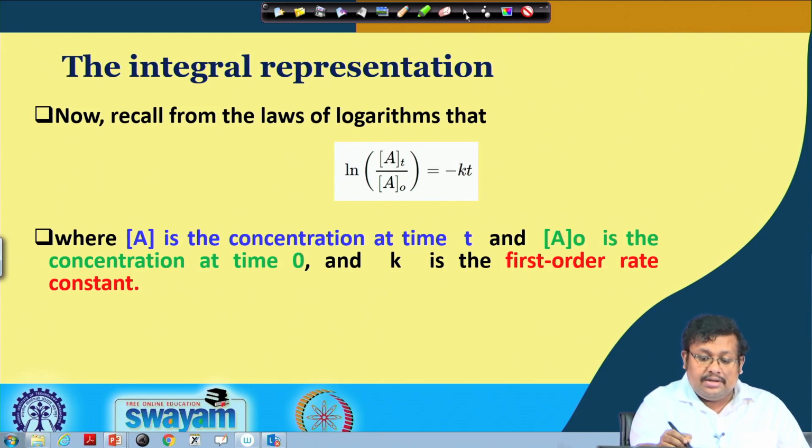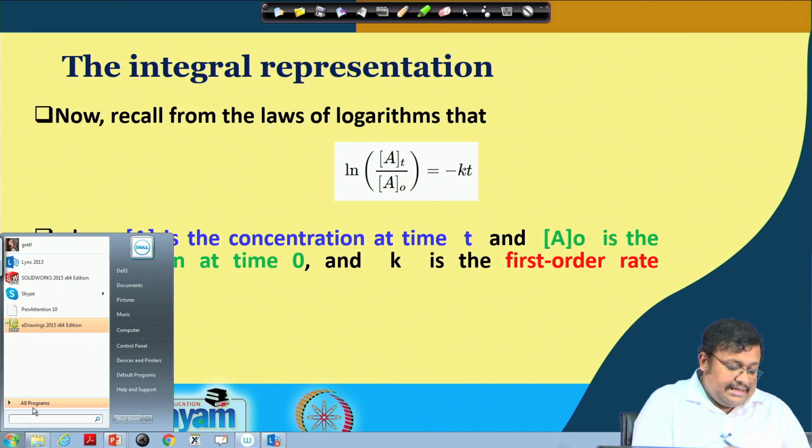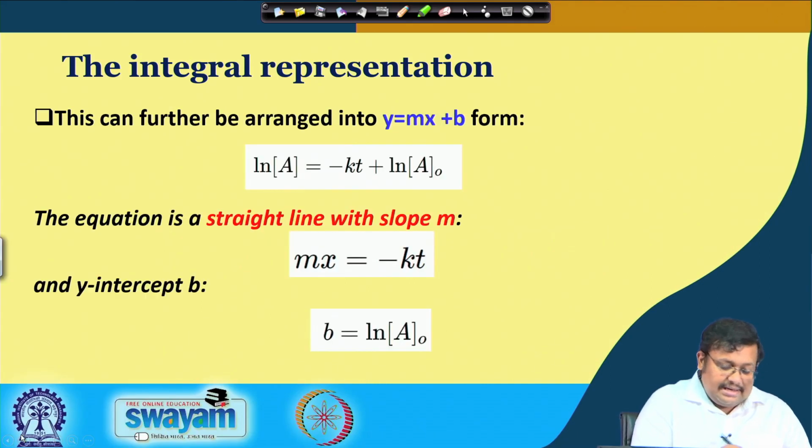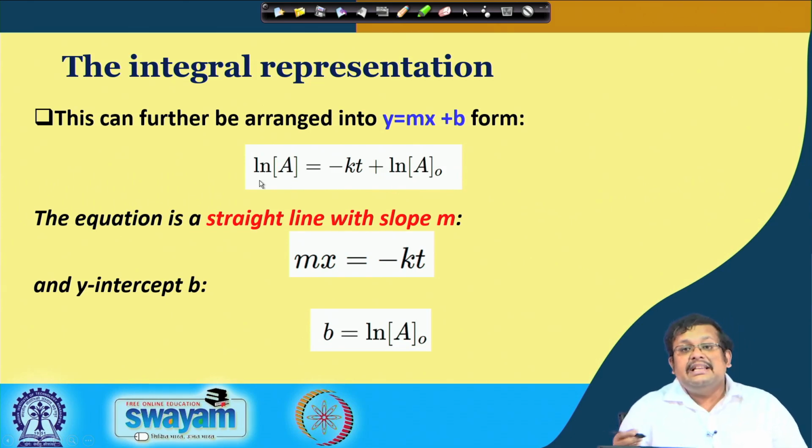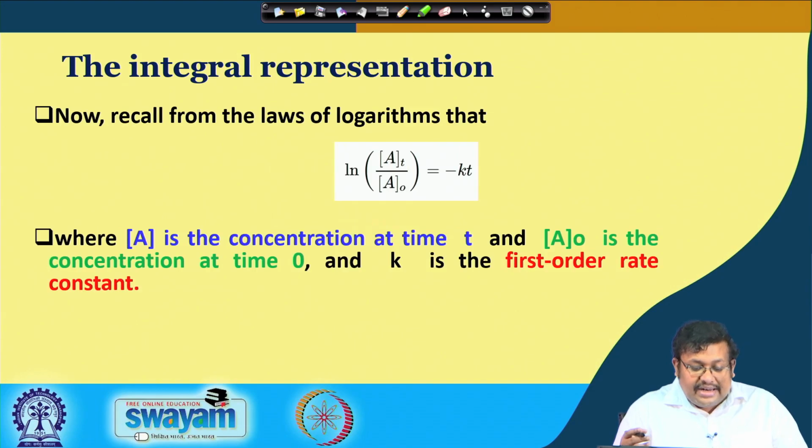So, this equation which I present here in the logarithmic form is basically, if we go back, the simplified form or rearrangement of this equation, which is arranged in the form of a straight line.